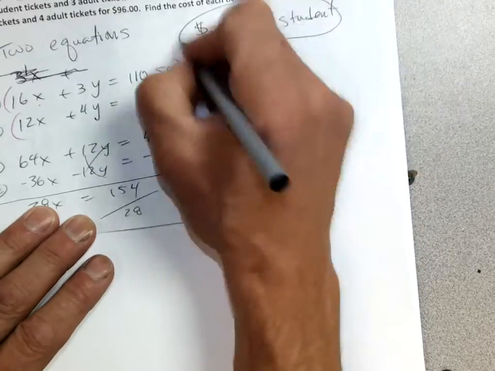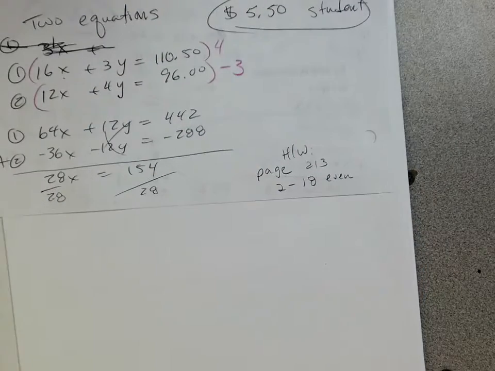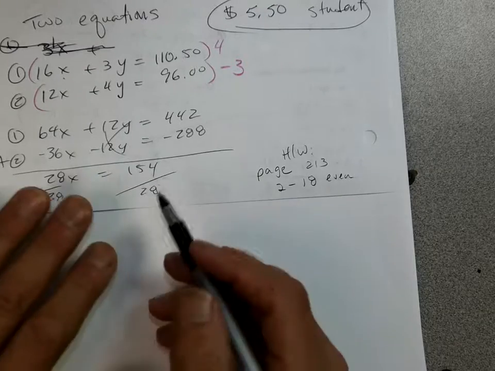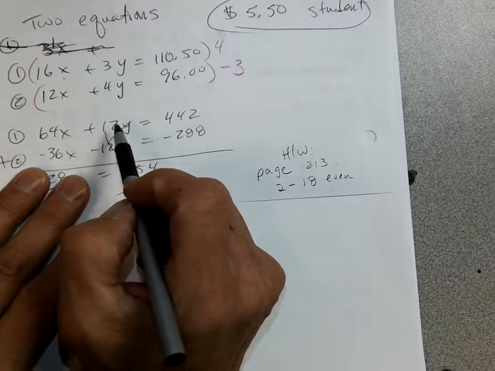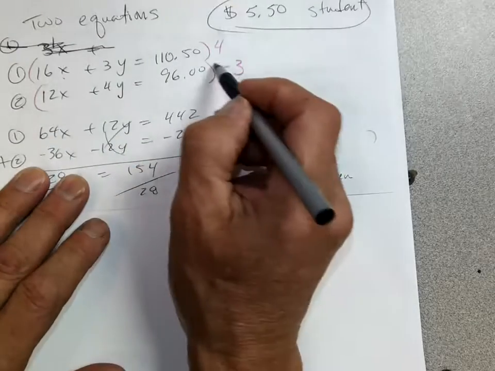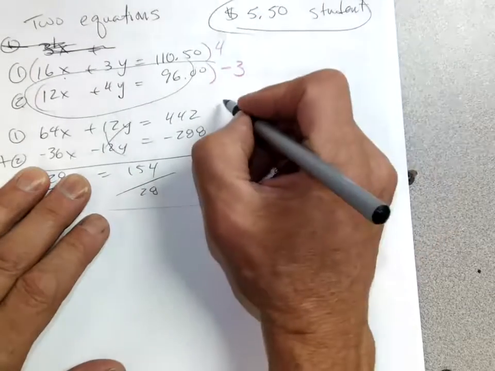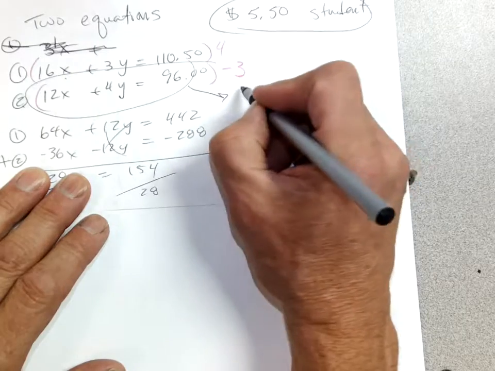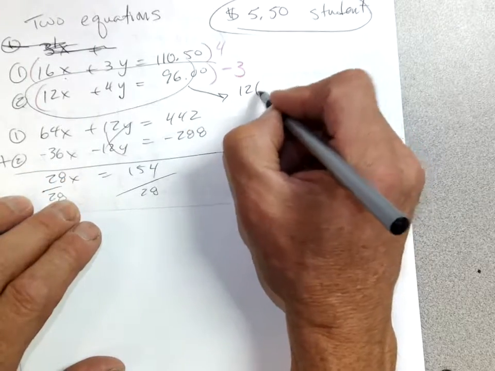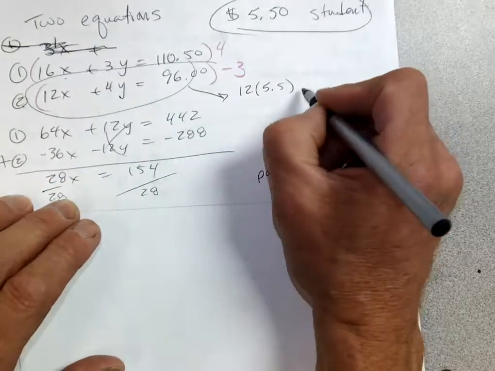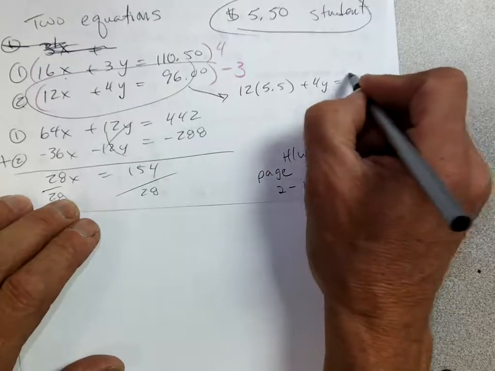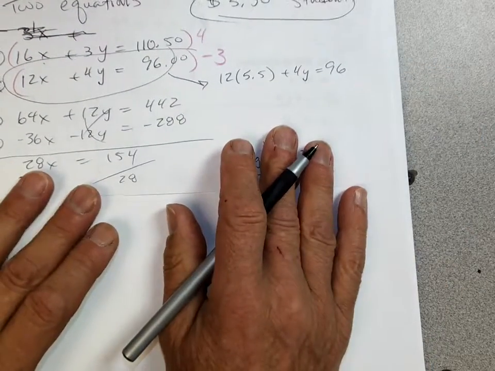Okay, there's one answer. What about adult tickets? Let's figure out adult tickets. So let's plug it in, okay? How about equation 2? Let's plug it into this one. So we'll go 12 times 5.5 plus 4y equals 96, right?